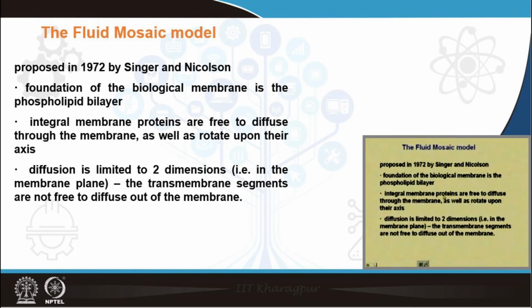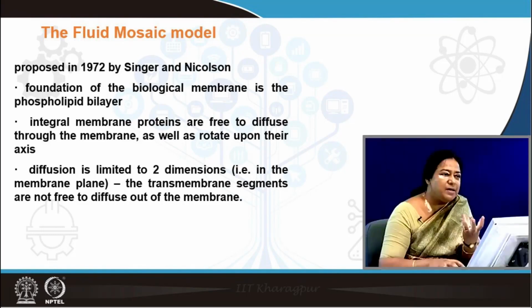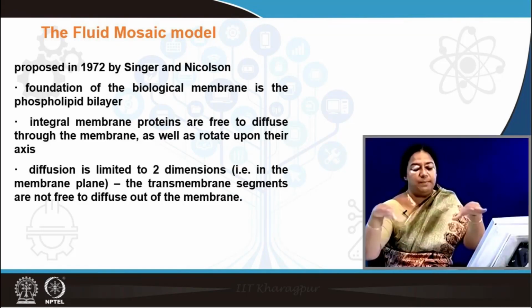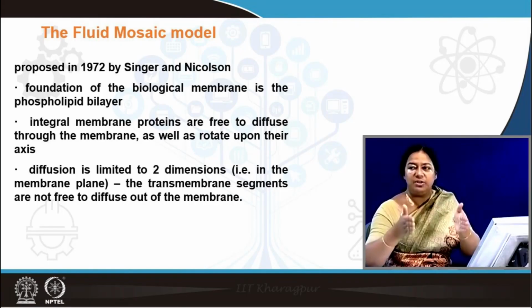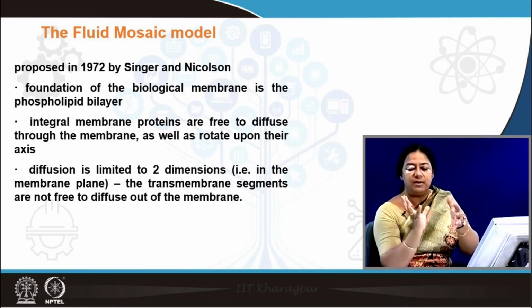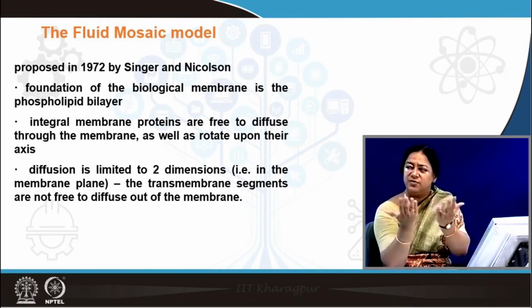The integral membrane proteins are free to diffuse through the membrane, and they can rotate about their axis. Why? You have the lipid bilayer, you have the hydrocarbon chains sticking out, and you have the integral membrane protein that can rotate because all the surface is hydrophobic in nature.